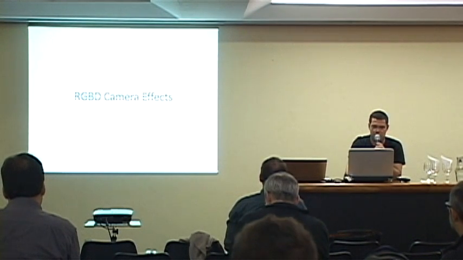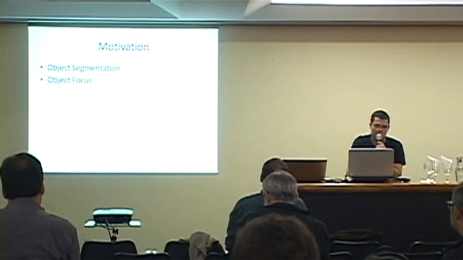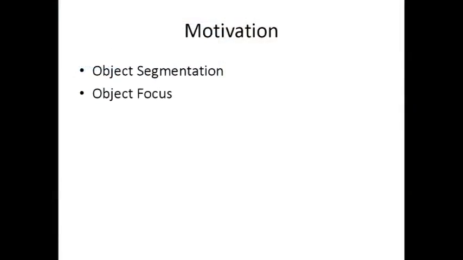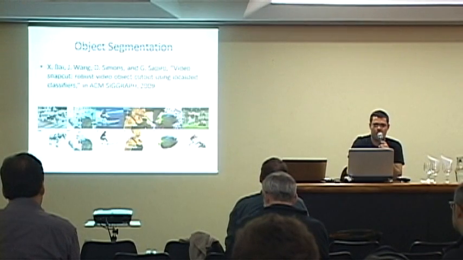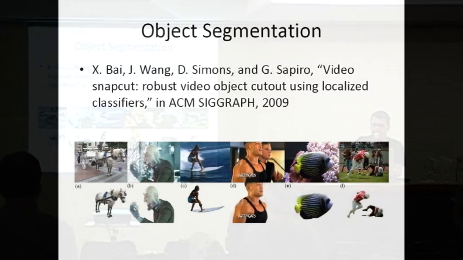Now, the proposed work refers to RGBD camera effects. The main motivation is to realize object segmentation and object focus. One project developed with RGB videos is a paper presented at SIBGRAPI.